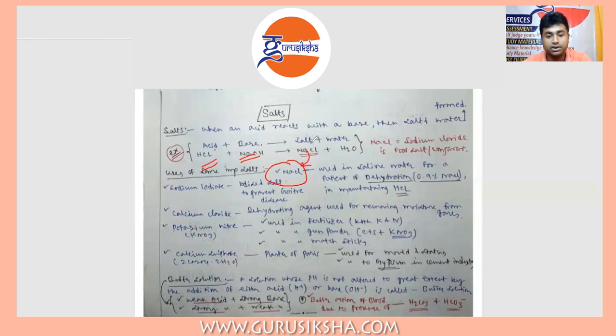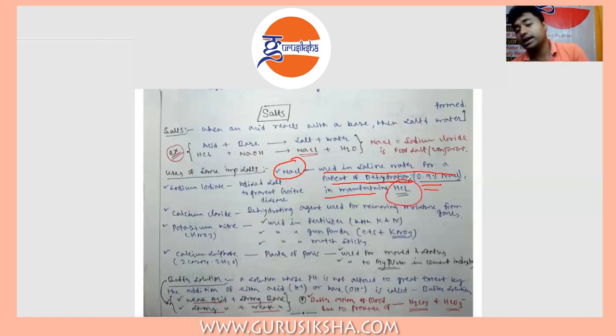Acid plus base equals salt, NaCl. Now, what are the uses of NaCl? How can we use NaCl? NaCl is basically used in saline water, 0.9% NaCl, for a patient with dehydration, and in the manufacturing of HCl. What is dehydration?